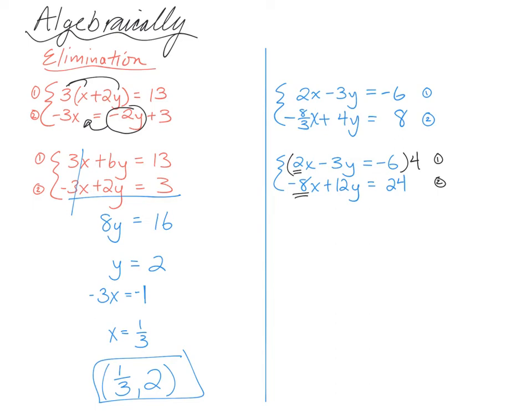A mathematically inefficient way to do this would be to multiply the top equation by the coefficient in the bottom equation. So we could take this negative 8 and multiply it up here to the top, and we could take this positive 2 and multiply it here to the bottom.